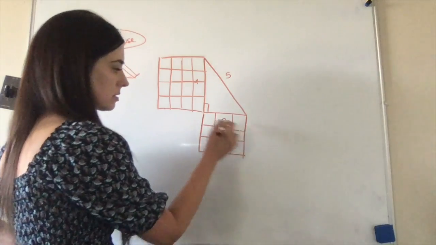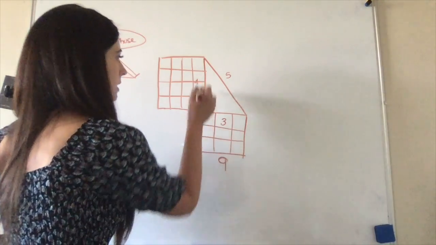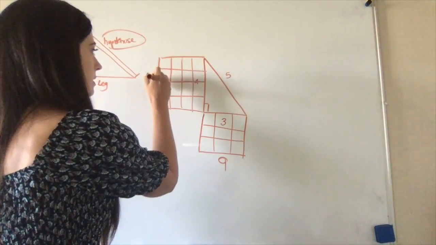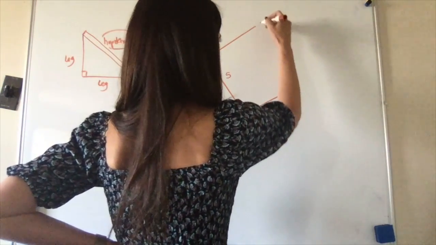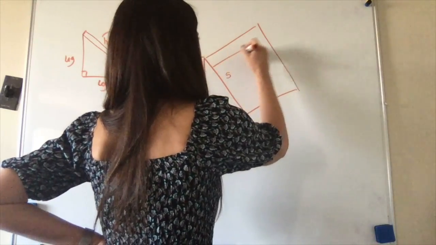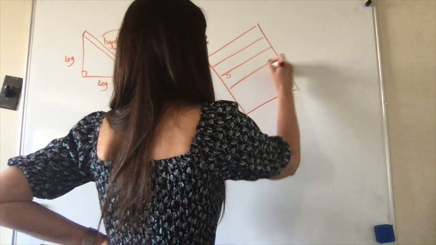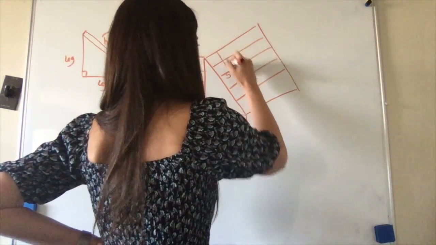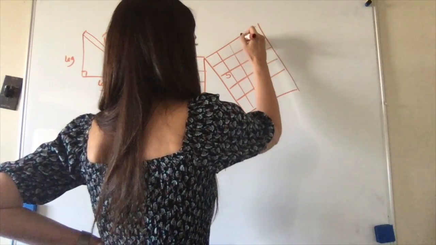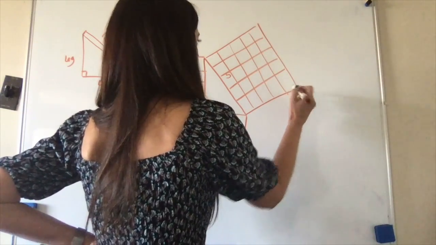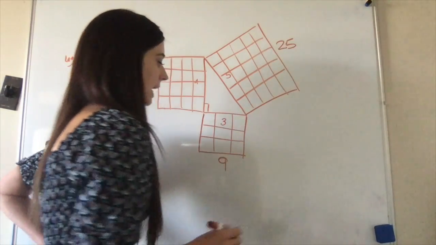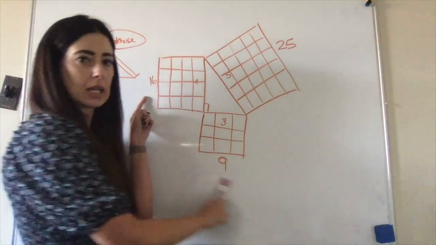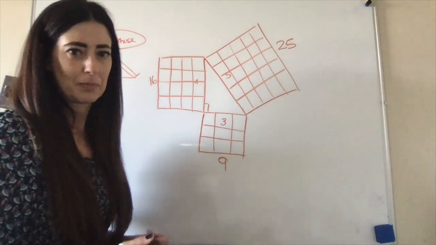So how many boxes are here? We have 9. How many boxes are here? 16. And then if we draw a square here, how many squares do we have here? 25. Is it true that 9 plus 16 equals 25?